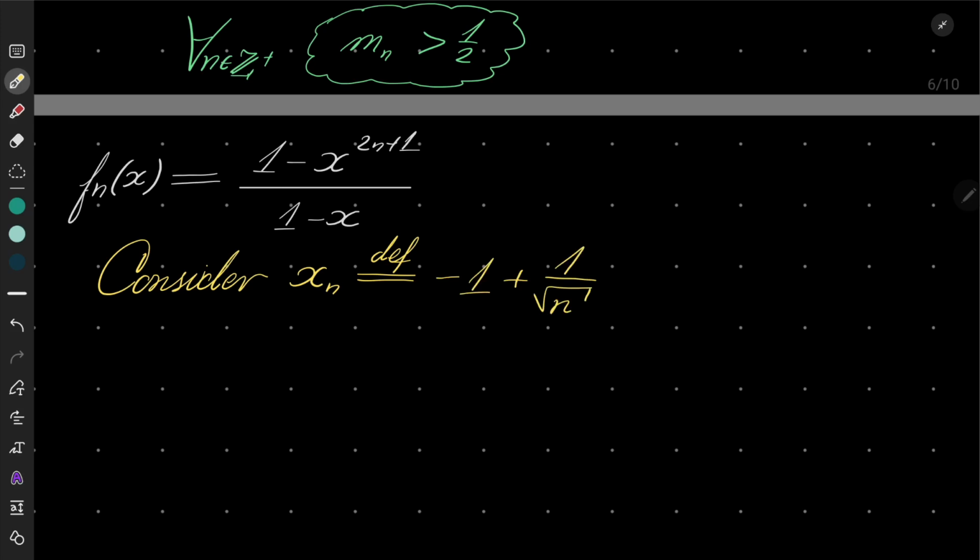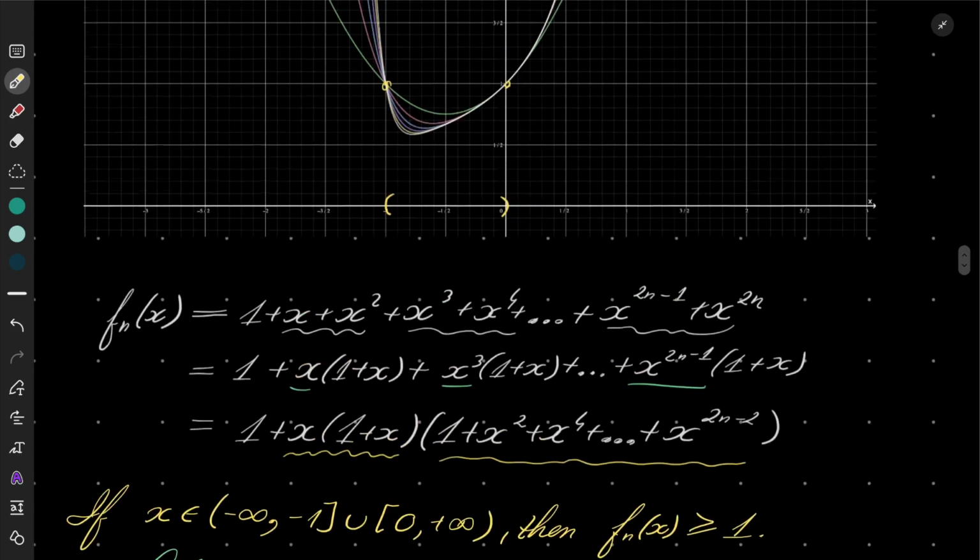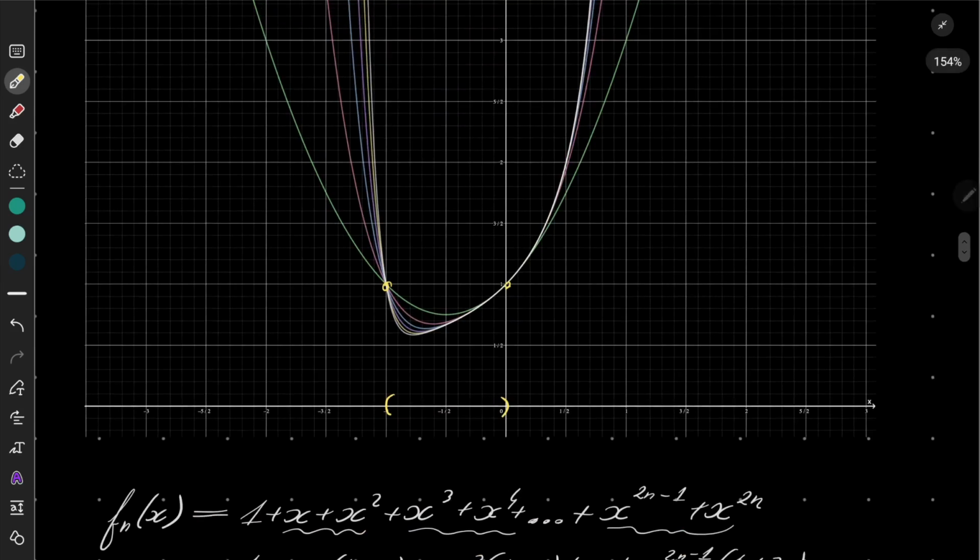Why this sequence? Well, one hint is looking again at the graph. You can see that the arguments at which the minimum is attained seem to be moving to the left, seem to be converging to -1. So it might be beneficial to consider some type of sequence which goes to -1 from the right side.